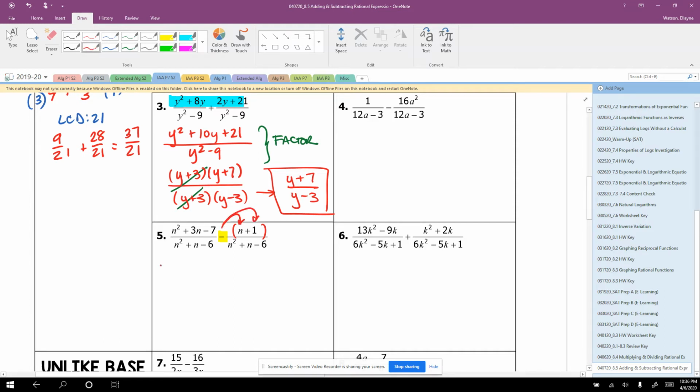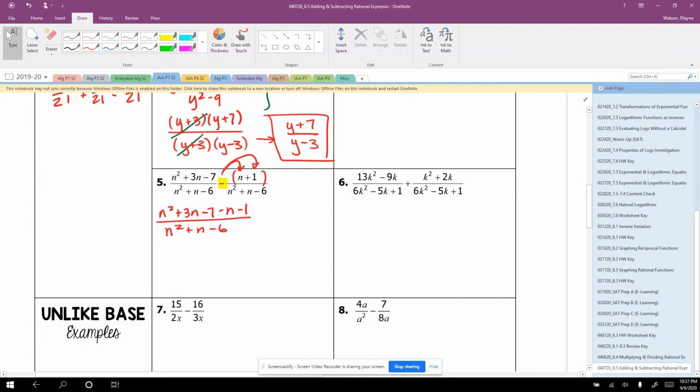So really on top, we have n squared plus 3n minus 7 minus n minus 1. And on the bottom, n squared plus n minus 6. Okay, so let's combine everything on top. We'll combine like terms. We're going to have n squared plus 2n minus 8, and on the bottom, n squared plus n minus 6.